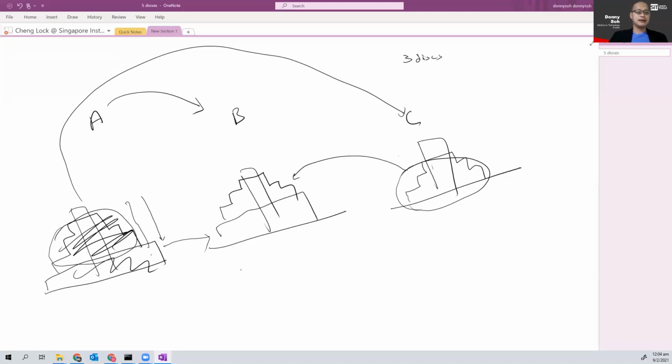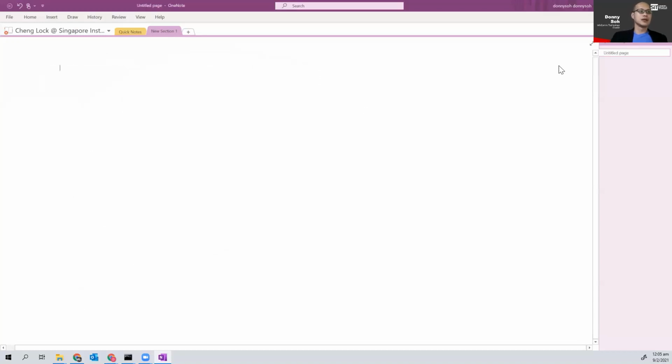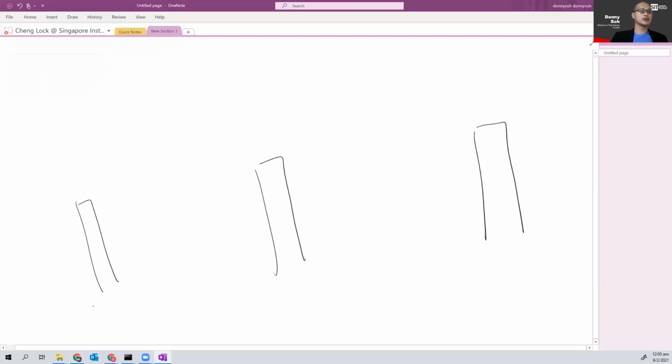So let's say we use an example. It is very hard to look at the code to understand this, which is why I'm drawing so much.